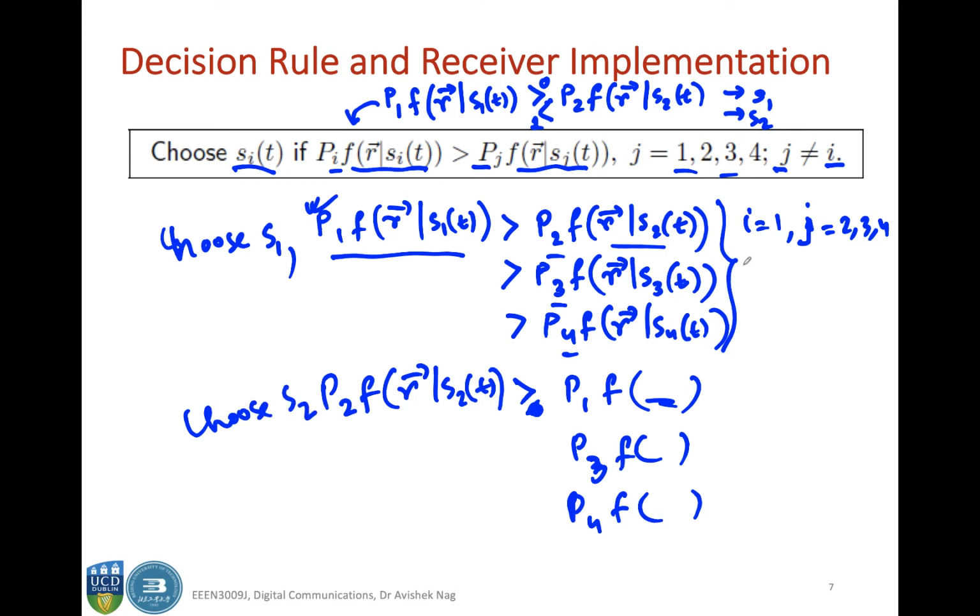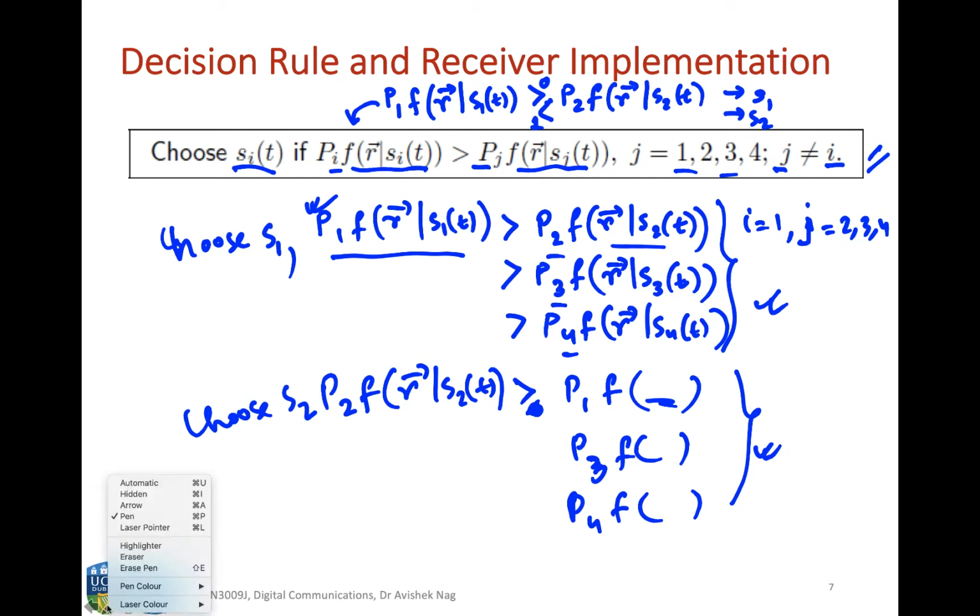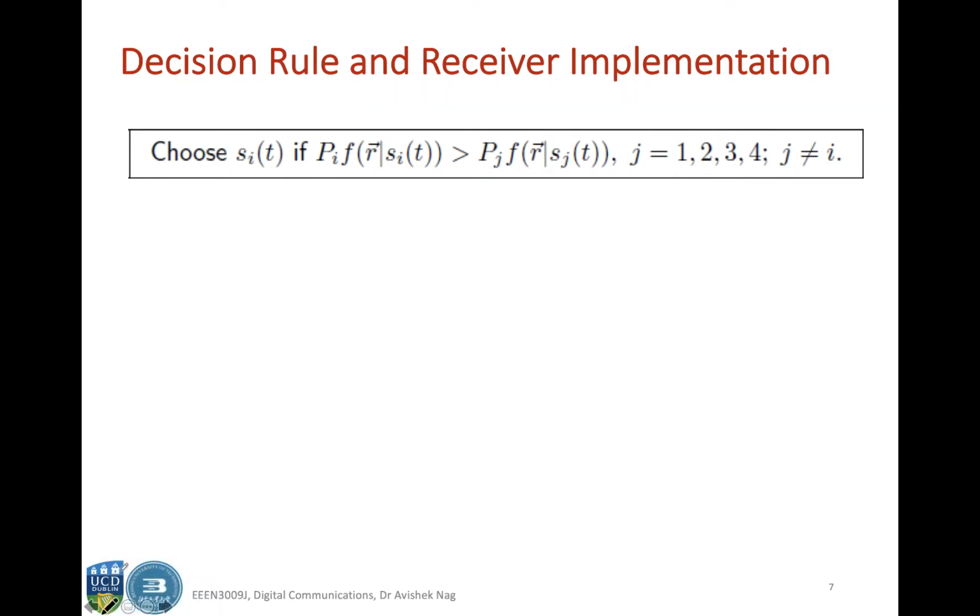So you have to do a lookup like this. This is what is said in this generalized decision rule for a higher number of signals.